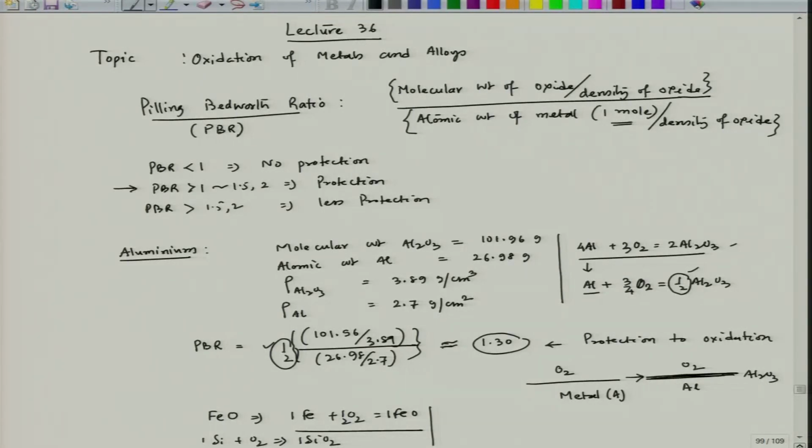Now, you can calculate for other cases, some of the metals where the PBr ratio is less than 1, let me note it down. For example, magnesium, where the oxide is MgO, is 0.81.